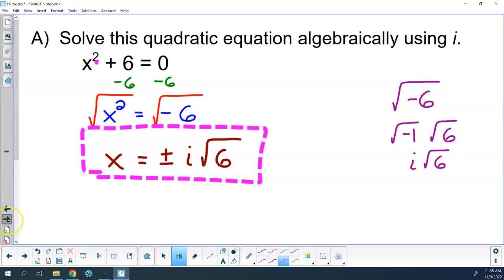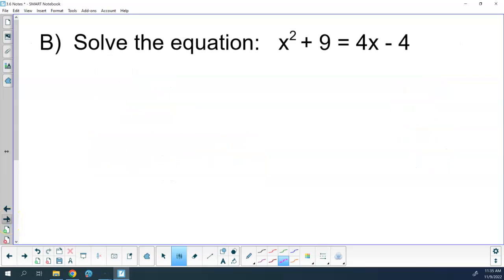Okay? With that being said, you solve this equation. All right, so very first thing that I have to do is what? Either get 0 on the left side or get 0 on the right side.